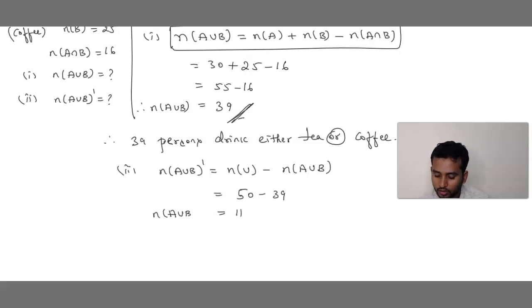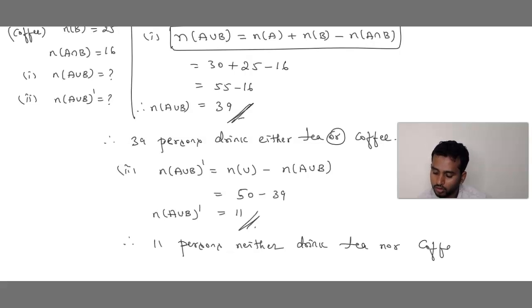So n of (A union B) whole transpose is 11. Therefore, 11 persons drink neither tea nor coffee. I hope you have understood how to solve this problem.